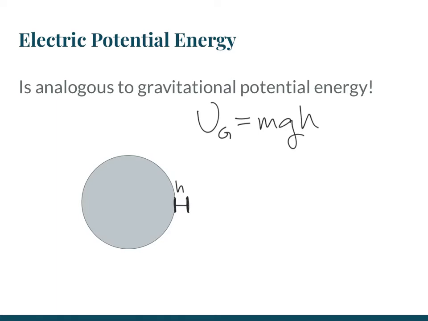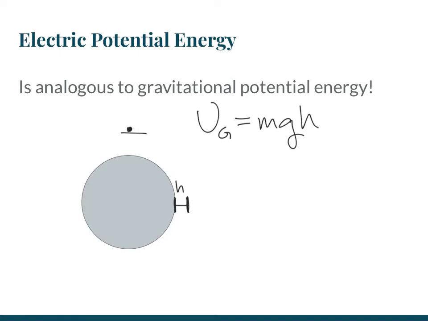That energy is just due to its position, because if it's held there and falls, it's going to gain a lot of kinetic energy. So its position gives it the potential to have kinetic energy.